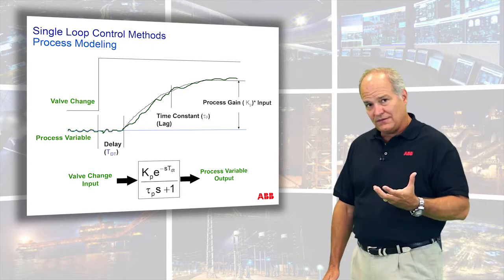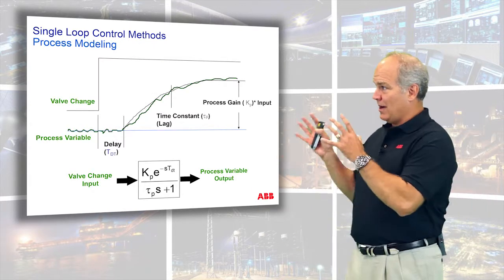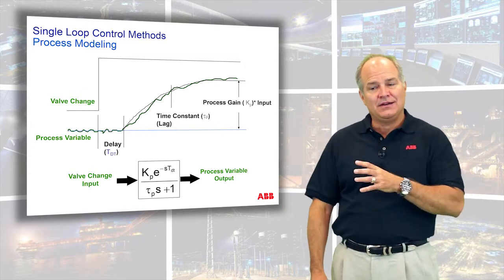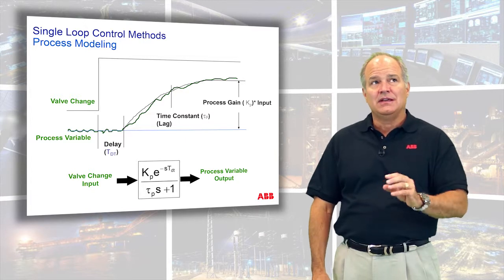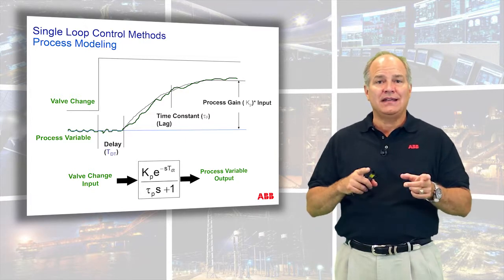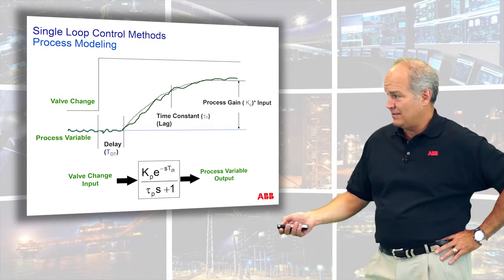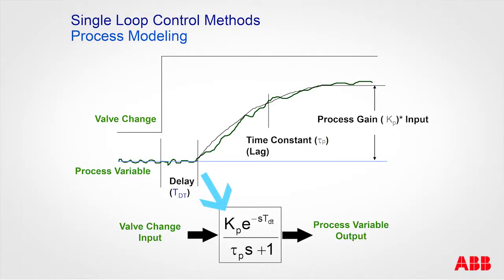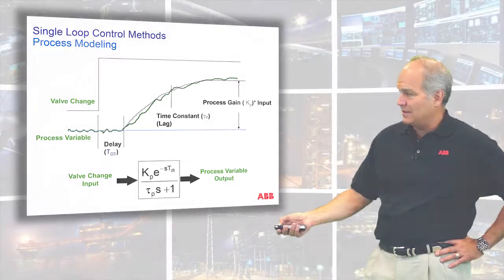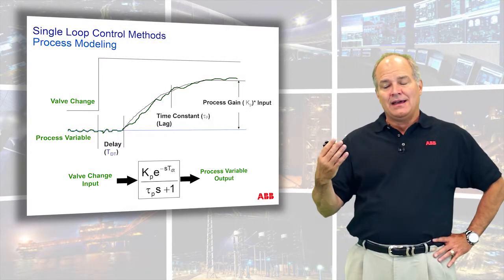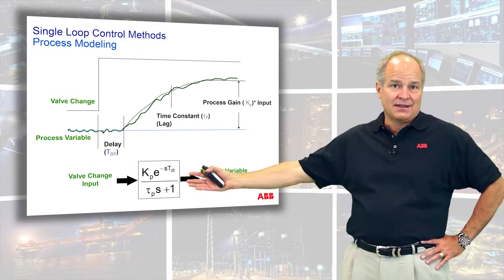Now, all of these model predictors require us to calculate the process model. And what I want to show you here is just to introduce the format of a dead time model in what's called the S domain. You have your process gain, your dead time, and your time constant. Your input goes through this model and you get this response. This is what it looks like, and I'm showing that because in some control systems it will plot it like this.